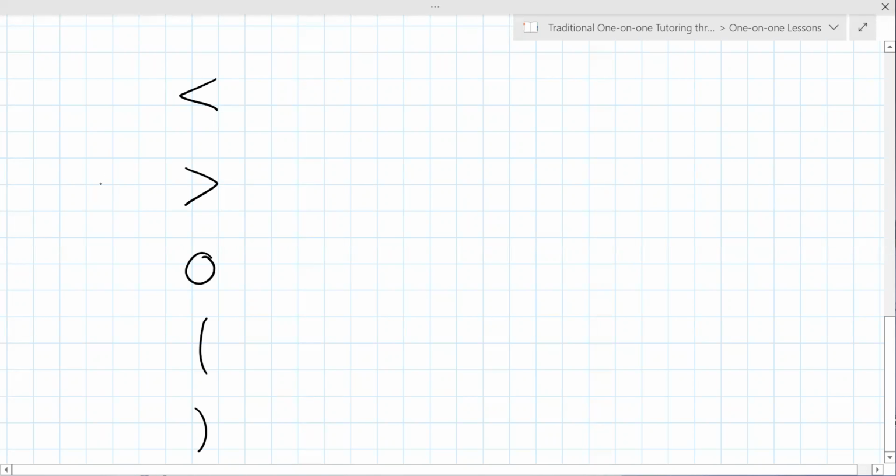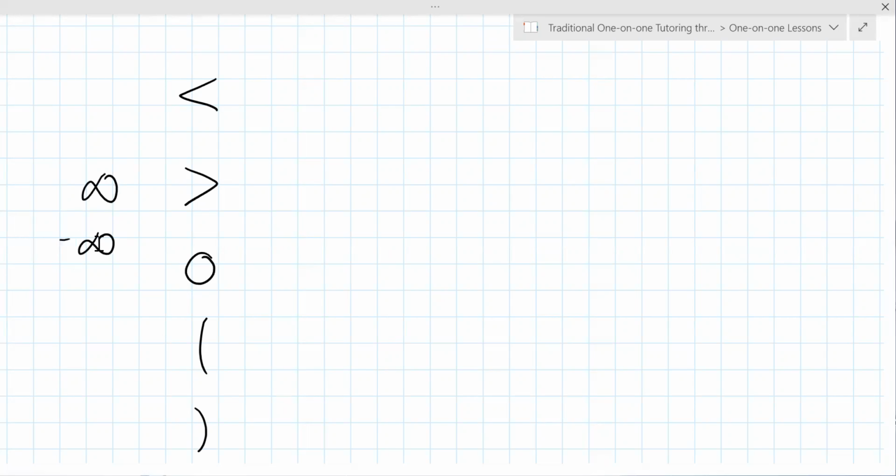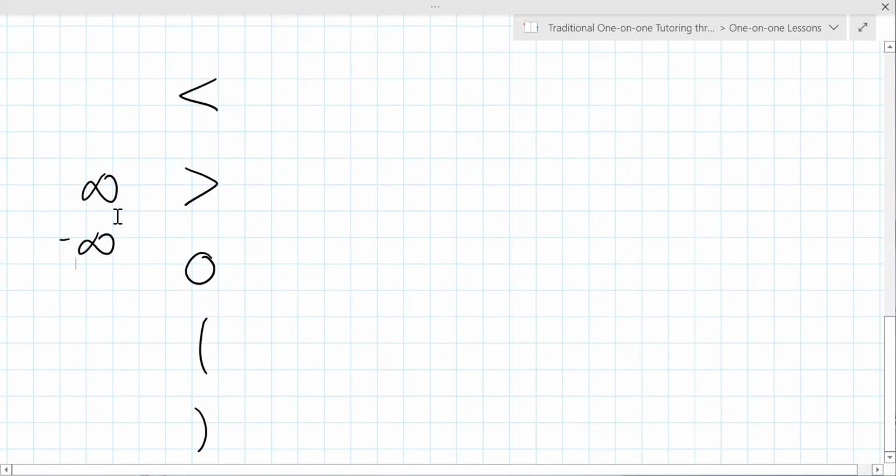And you throw in infinity and negative infinity. These all go together. Meaning if it's a parenthesis, it comes from the open circle, and the infinities. And then I actually like the words you used because it was said really well. I'm not quite as good at doing that, but on the other side here, these all go together.